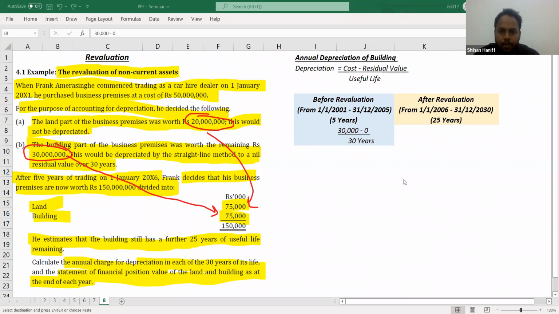Then depreciation is 1,000 per month. So for the first 5 years, depreciation is 1,000 rupees per annum. I hope you have understood that part.